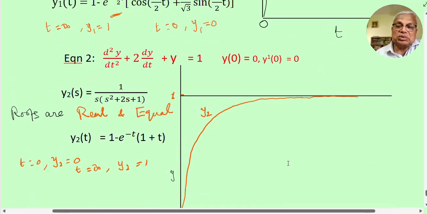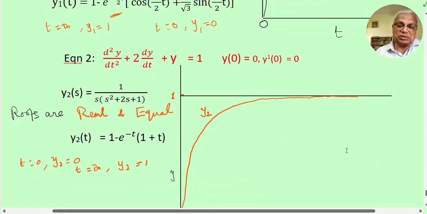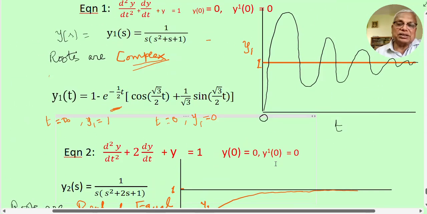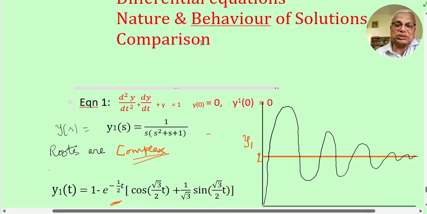We'll be studying in more depth later when you go for higher order systems or control system analysis. For that, this lecture will serve as a small introduction to the nature of the solutions of the equations based on the roots of the quadratic term in the denominator of Y(s), that is, the Laplace transform of the solution.